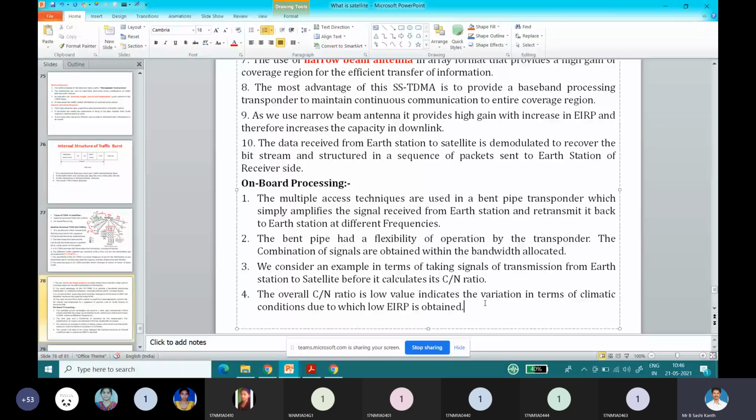So due to these climatic variations, we are not able to provide the information transfer in a better manner, as obtained by the calculation of carrier to noise ratio, C by N ratio. So this is the thing about the onboard processing of TDMA.